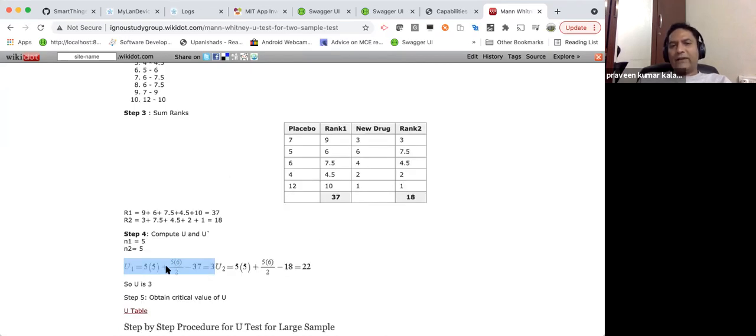So 5 into 5 plus 5 into 6 divided by 2, minus 37. That is equal to 3. Similarly, I calculate U2 as well. U2 is 22. So U1 is 21 and U2 is 22.